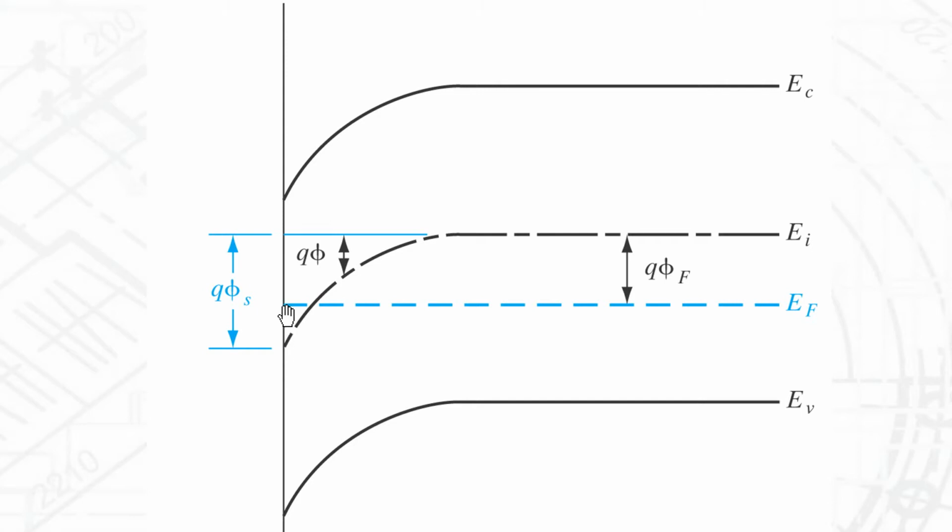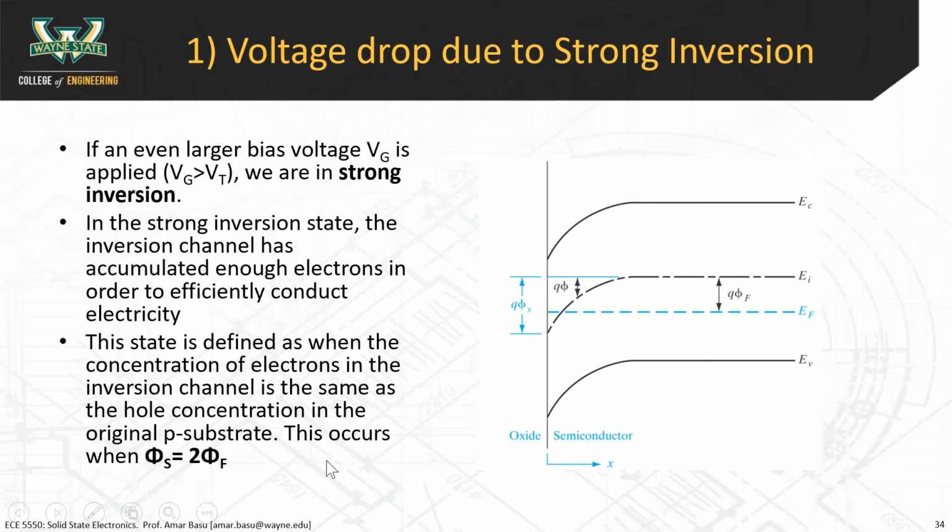So the distance from the blue line to the black line here is the same as the distance from the blue line to the black line here. The amount of bending has to equal 2 times Q phi F. The amount of bending is denoted as Q phi S, and that has to equal twice this amount here. That indicates that we have strong inversion, a strong n-type channel near the interface.